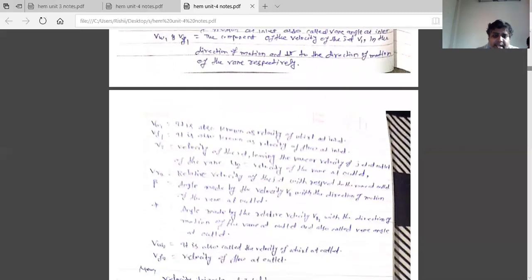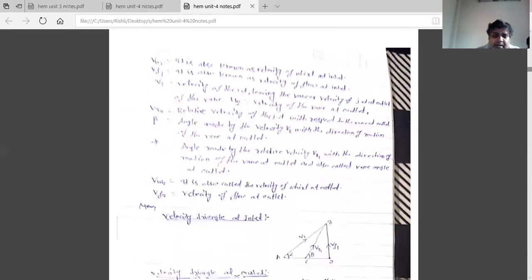Similarly, Vw2, Vf2, V2, Vr2, and beta is the angle made by the velocity V2 with the direction of motion of the vane at outlet. Phi is the angle made by the relative velocity Vr2 with the direction of motion of the vane at outlet, also called the vane angle at outlet. Vw2 is also called the velocity of whirl at outlet.